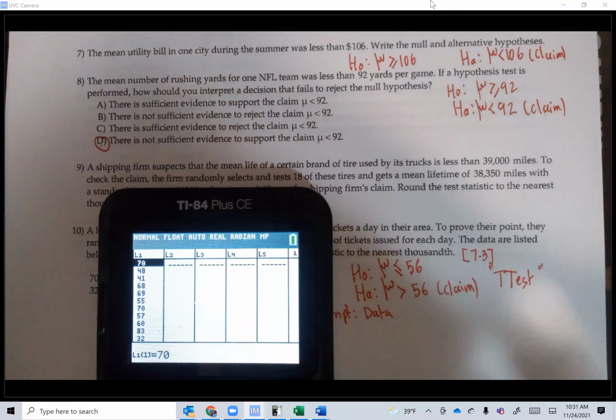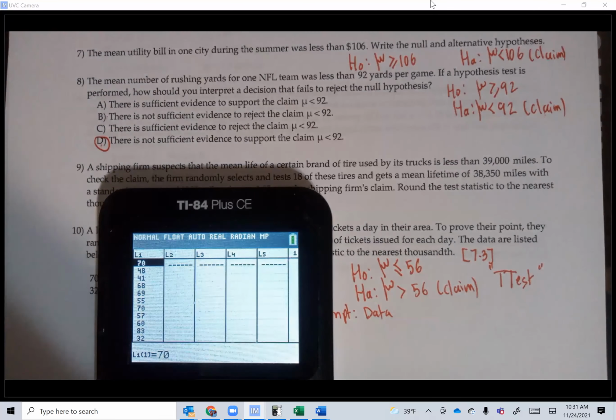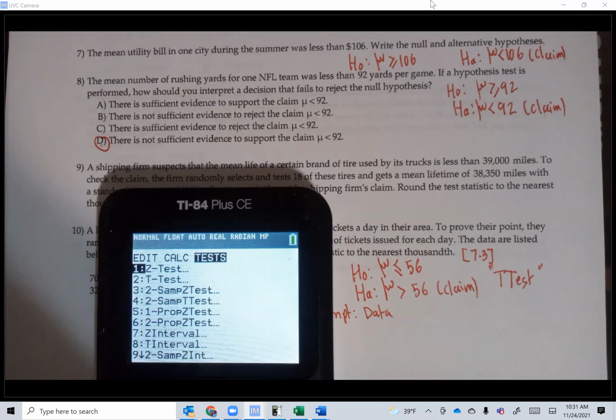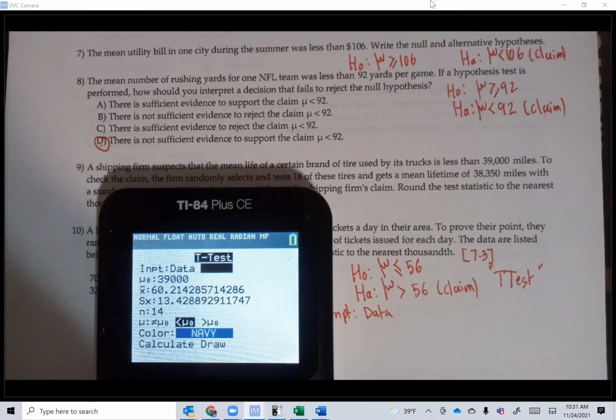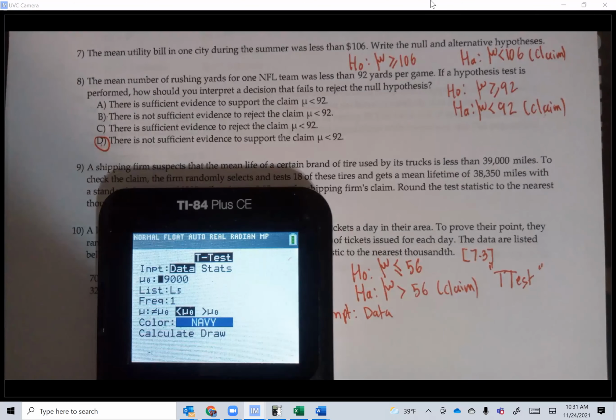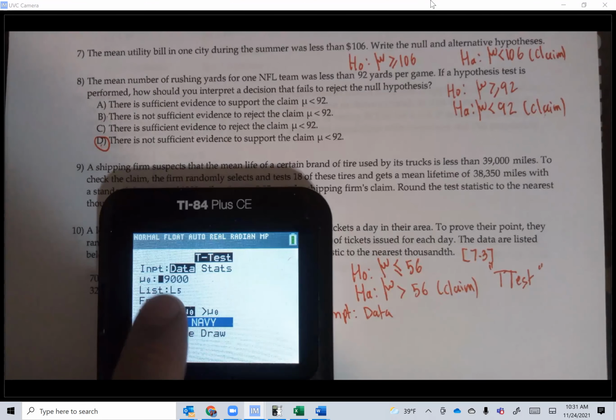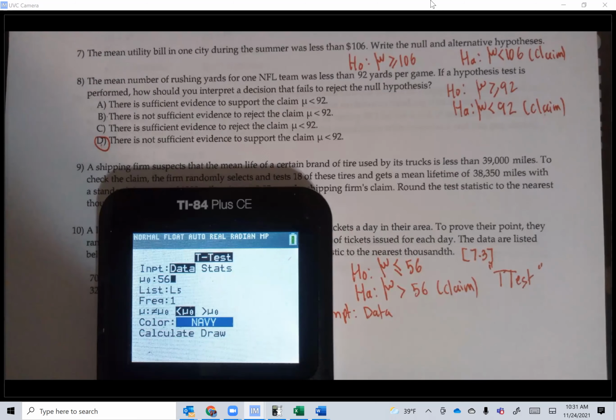So we put the data in L1, we go to stat, tests, t-test, it's number 2, guys. Data, I have to select data here. And mu0, don't forget the null value in the null hypothesis, which is 56. My data is in L1. And frequency, don't change it ever.